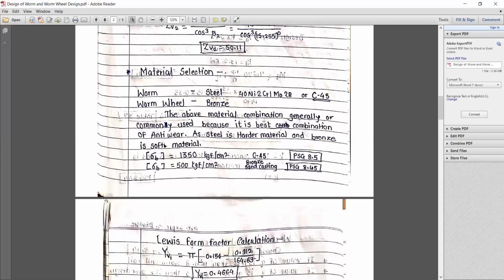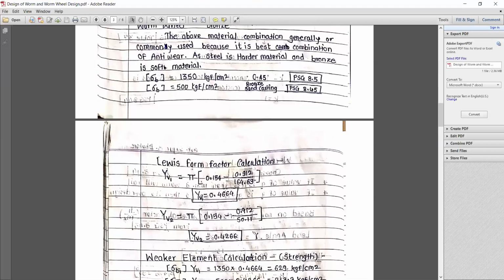Referring to page number 8.45, as the manufacturing process used for the worm wheel is sand casting and the material is bronze, the design bending strength is equal to 500 kgf per centimeter square.